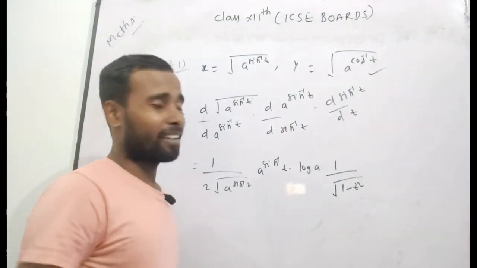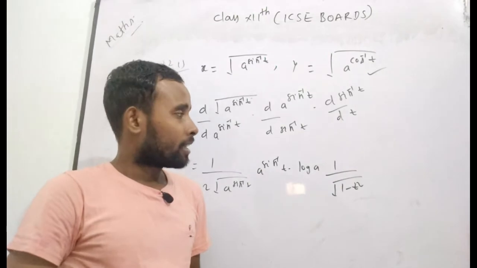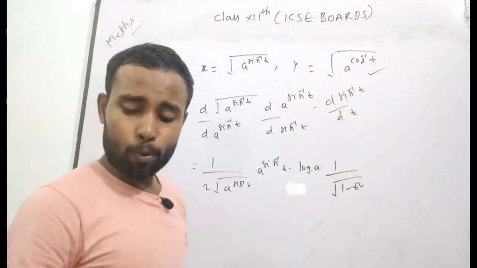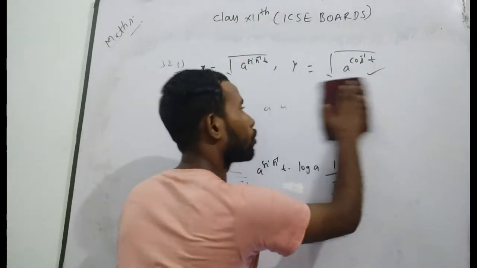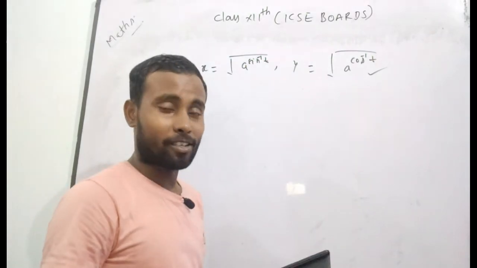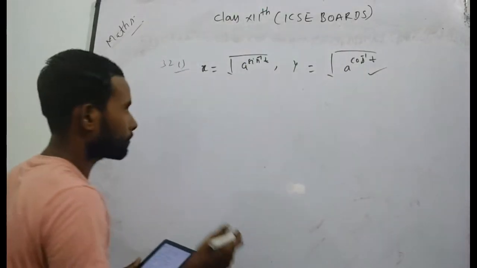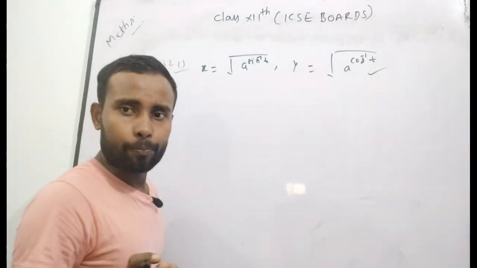But you can see it is very lengthy as well as the calculation process is more complicated. That's why I want to ignore this method and I will suggest the second method. And what is the second method? Simply multiply both equations with each other.